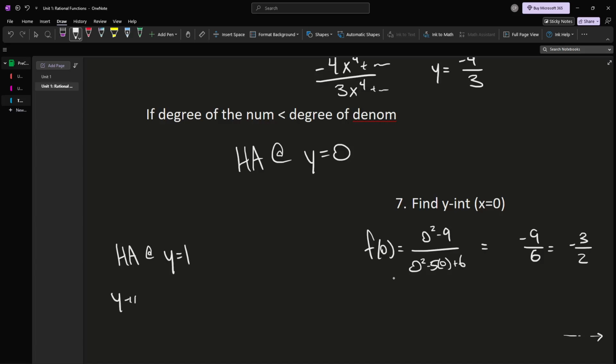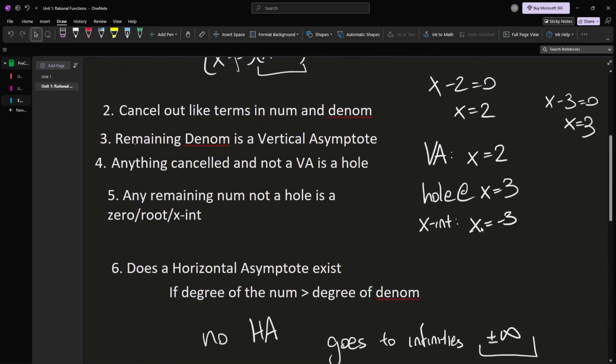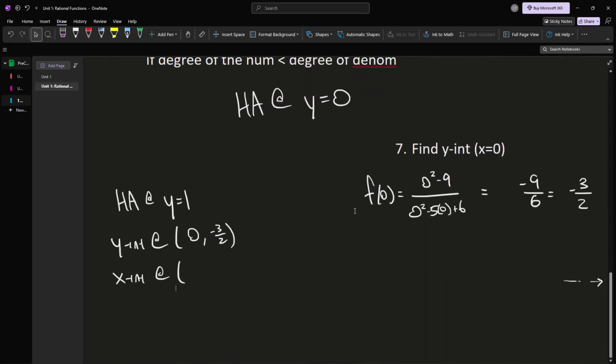So I have a y-intercept at 0, negative 3 over 2, an x-intercept at negative 3, 0, and a vertical asymptote at x equals 3.